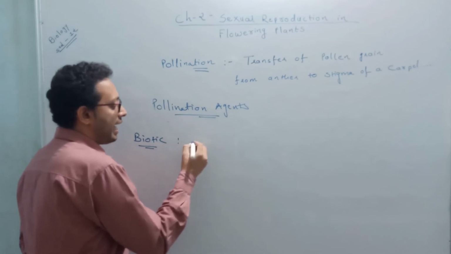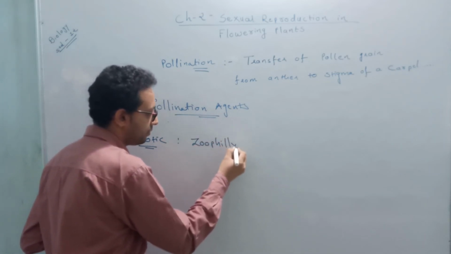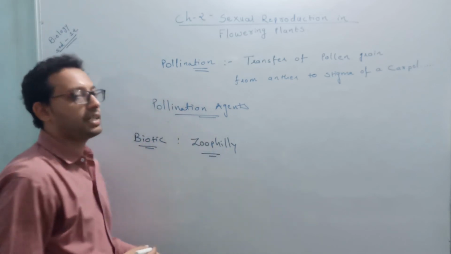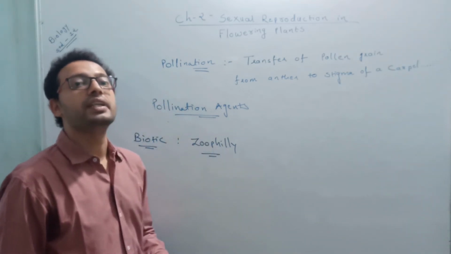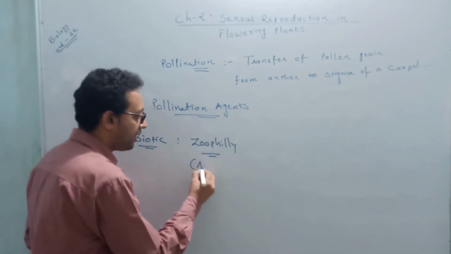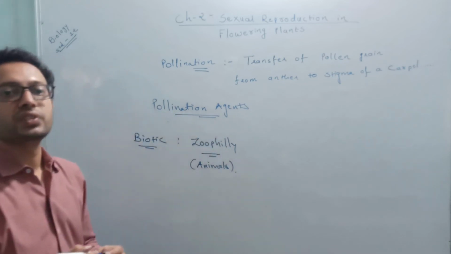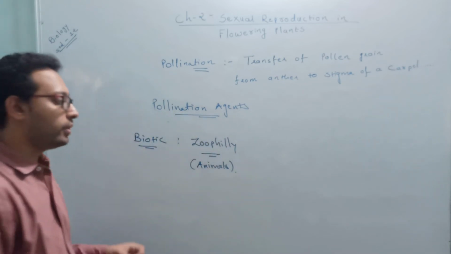If animals help in pollination, such kind of pollination is called zoophily. The pollination which occurs with the help of animals is called zoophily.